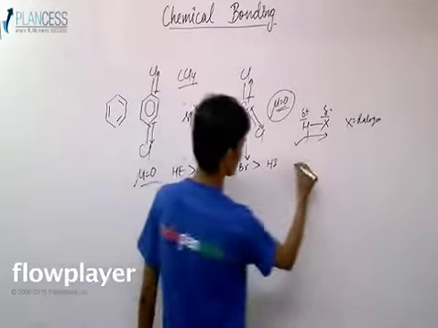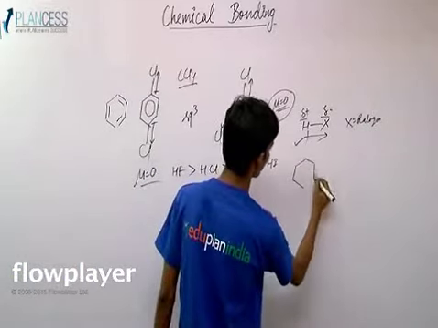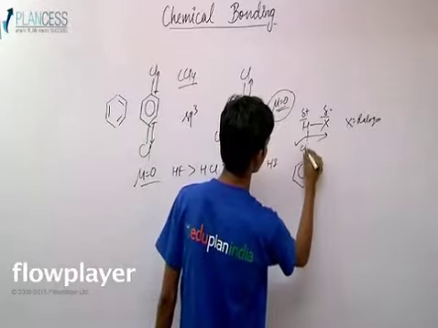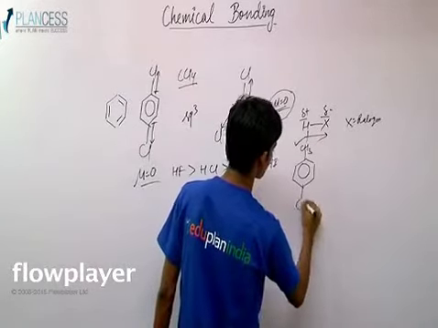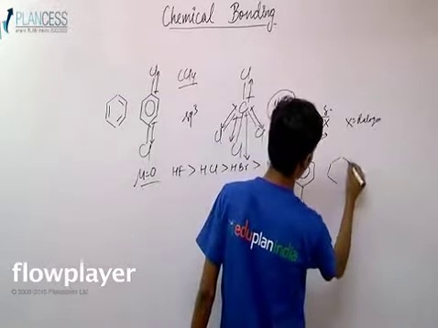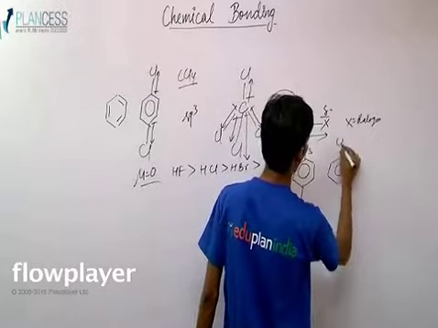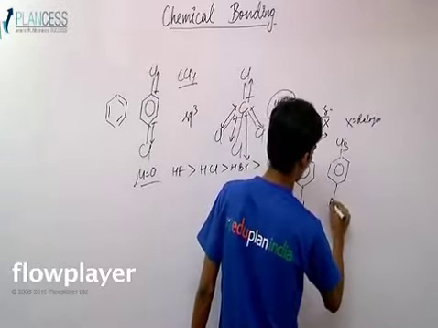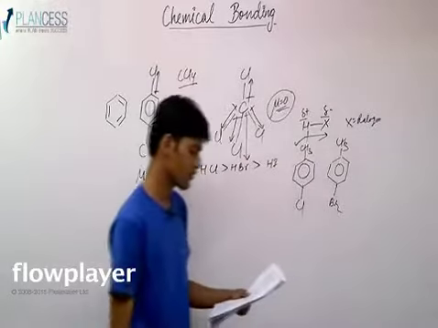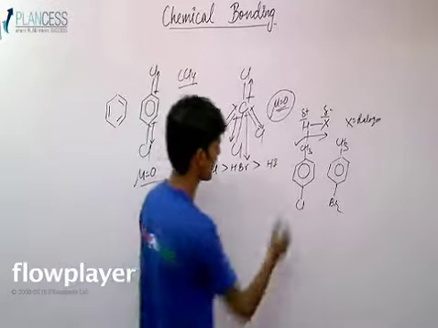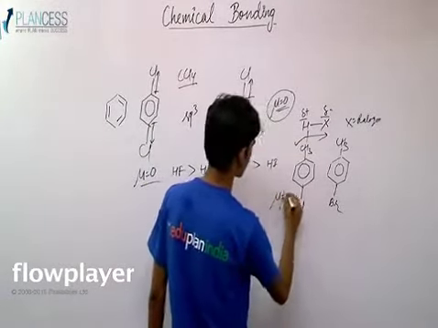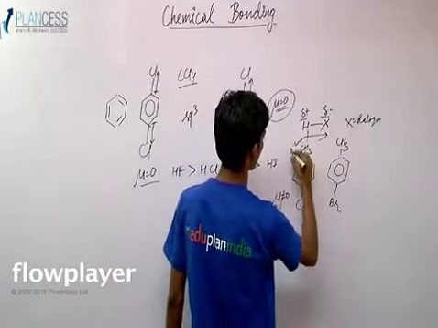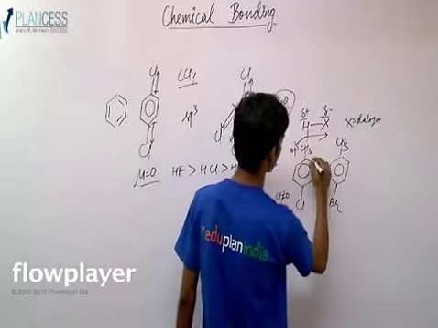But let's say one example where you have to comment on the dipole moment. Let's say CH3 is there and Cl is there, and in another, CH3 and Br. If you have to comment on these dipole moments, definitely mu is not equal to 0 because this is sp3 hybridized, this is sp2 hybridized.